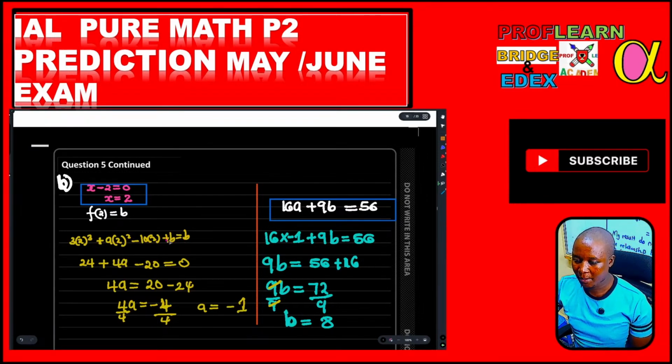So you can see b and b are going to cancel out. We shall have a equals -1, because if you are having b on one side and b on the other side, they will cancel out.